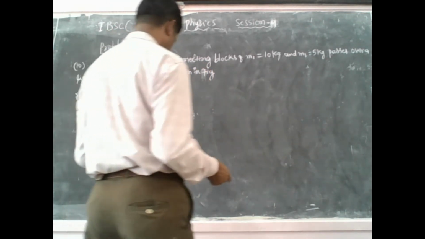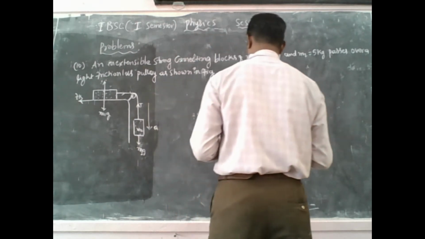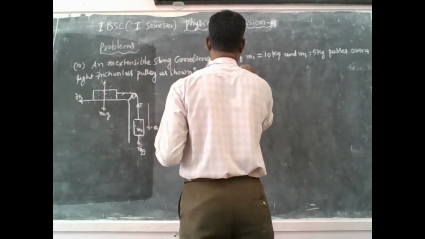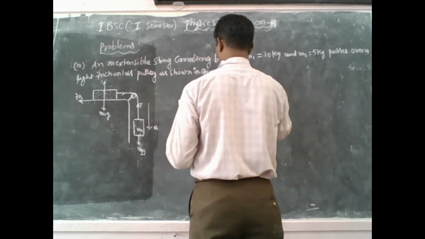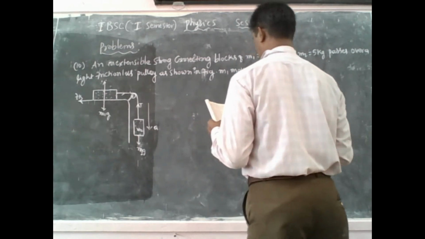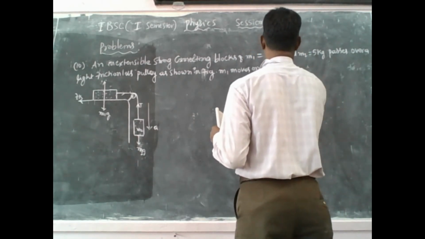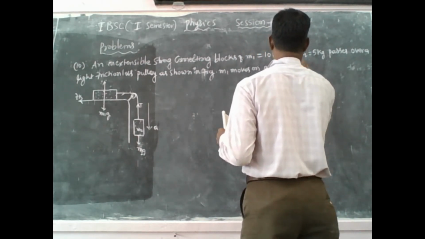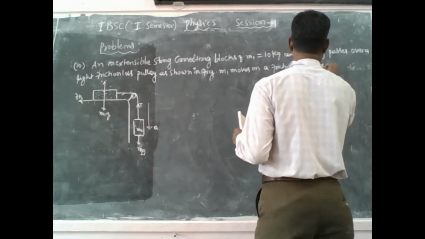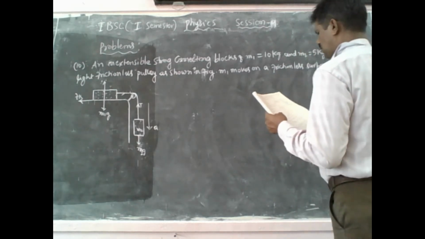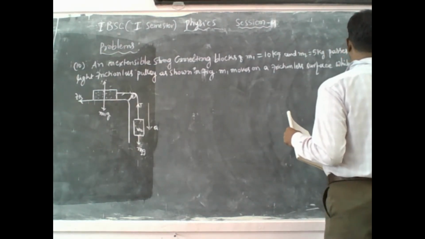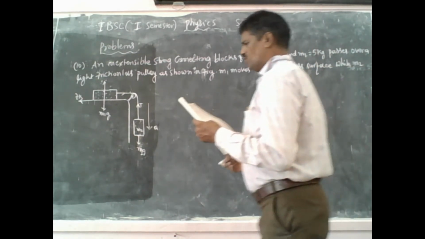As shown in the figure, M1 moves on a frictionless surface while M2 moves vertically.